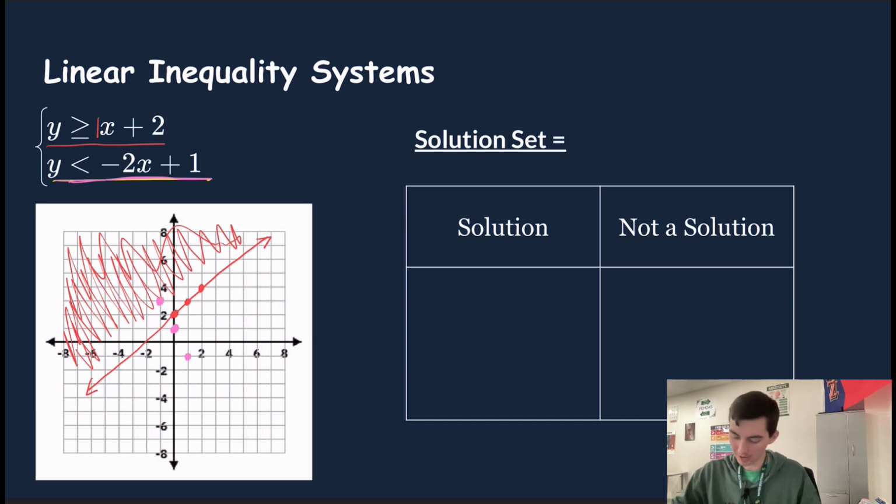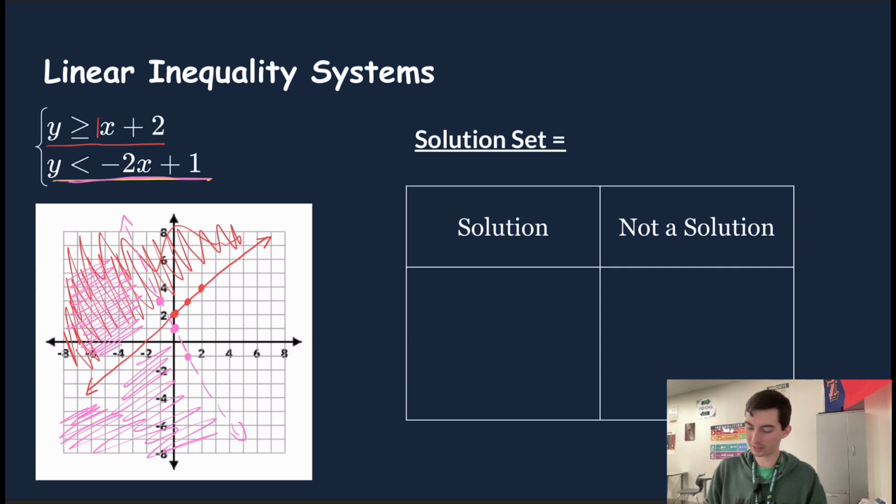Since this does not have the line underneath it, I'm going to use dotted lines to represent this. Now everything is less than, so I'm going to shade everything below this line, down here. All of those are solutions to this line.